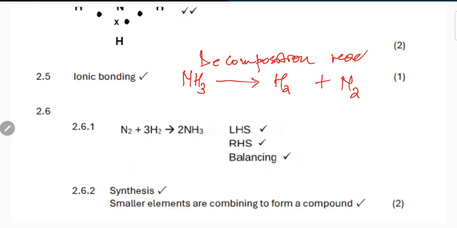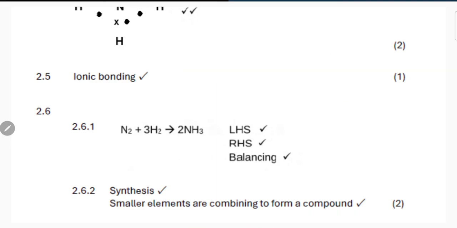Decomposition reaction. So this one is the synthesis reaction: the smaller elements are combining to form a compound. This one, the compound is broken down to form the elements. Okay, that's the difference between the two. So this one is the decomposition, this one is a synthesis reaction.